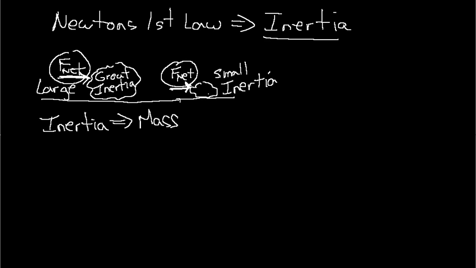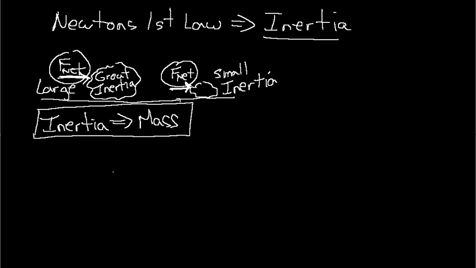So the less massive the object, the less inertia the object is said to possess. Inertia is linked to mass, and this is what I want you to remember: inertia is directly related to the mass of the object. If you have a large, massive object, it's going to take a larger force to get it to move from a state of rest than a smaller, less massive object.